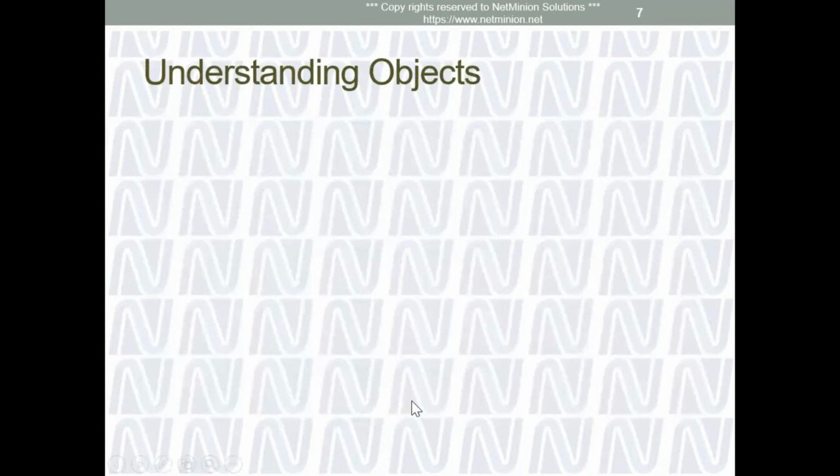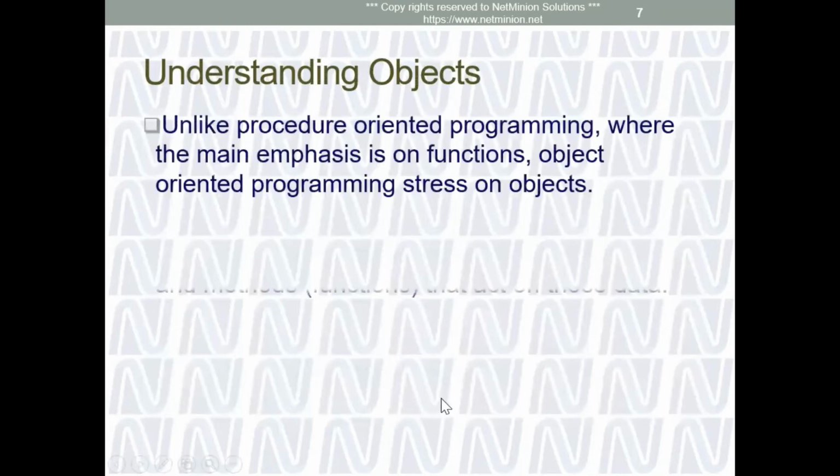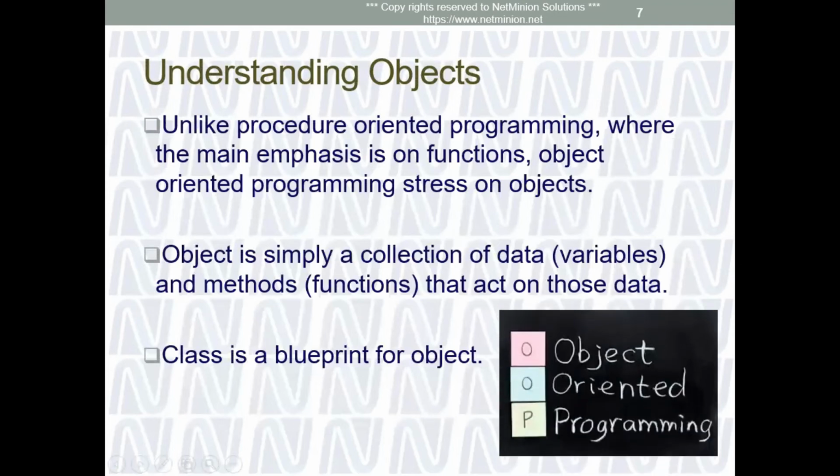So we were discussing those things. Now let us talk about objects. You are aware that Python is an object oriented programming language. It means it is more oriented to objects.